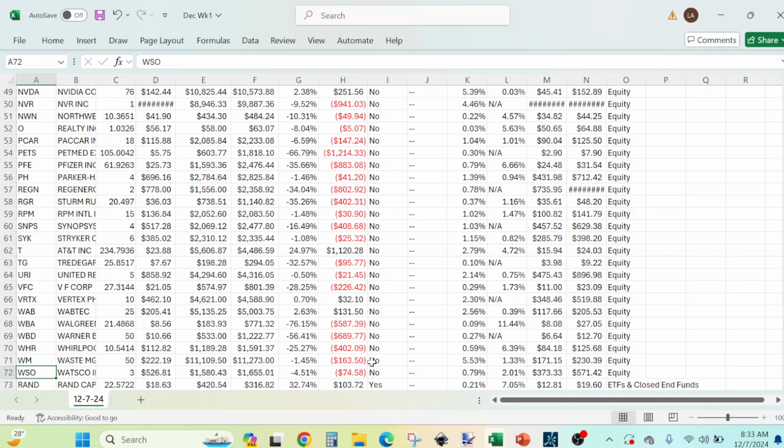Oh, interesting. So this one has a positive. We purchased it for dividend purposes. Did we? I believe so. Let's go to, I don't think I have it in my swing trading watch list here.